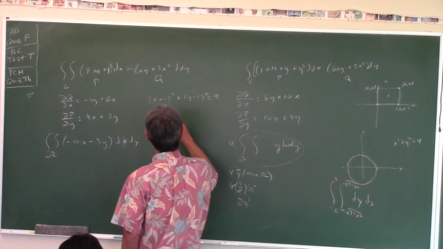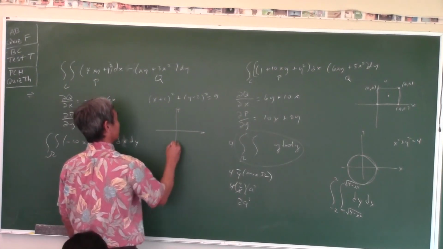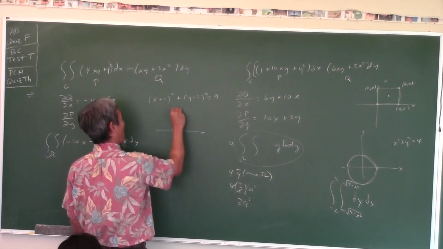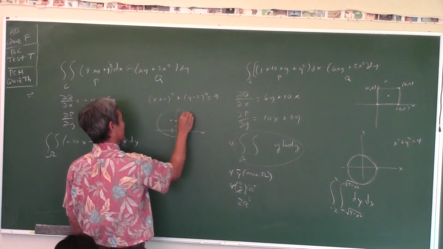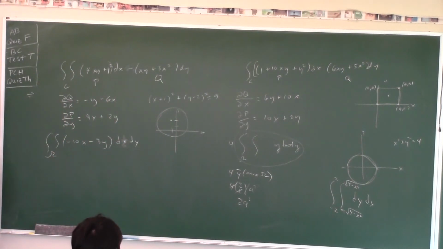Notice how a circle is a closed curve, yeah? What's the center of the circle? Negative 1, 2, radius 3. And it says counterclockwise, but it really doesn't matter. Okay, so here we go.